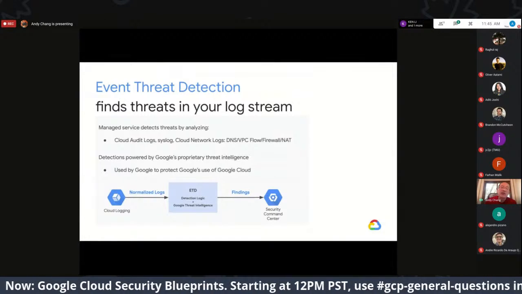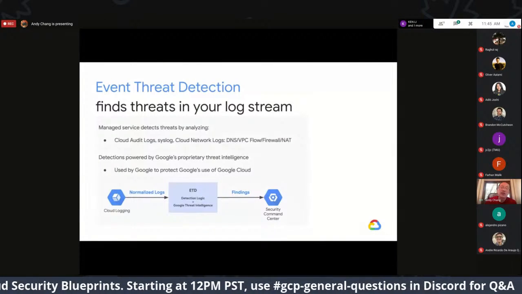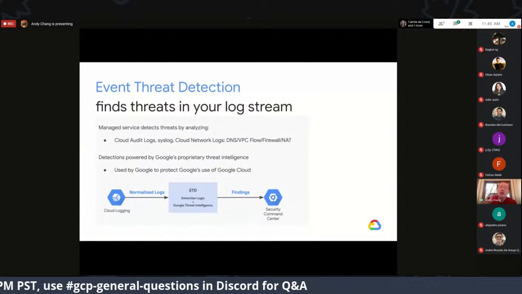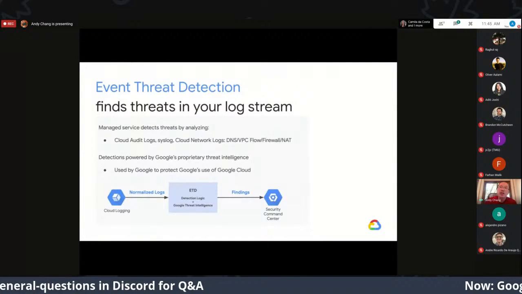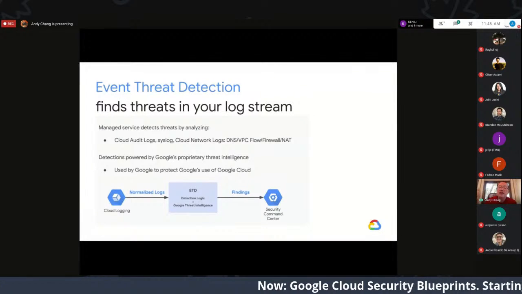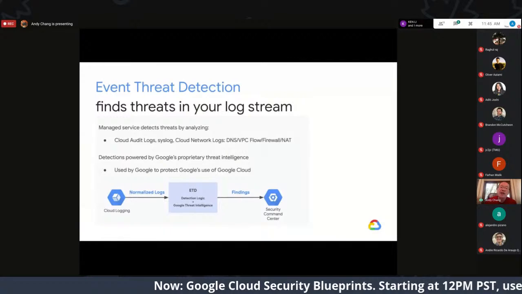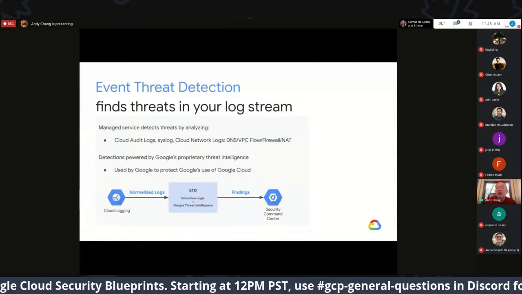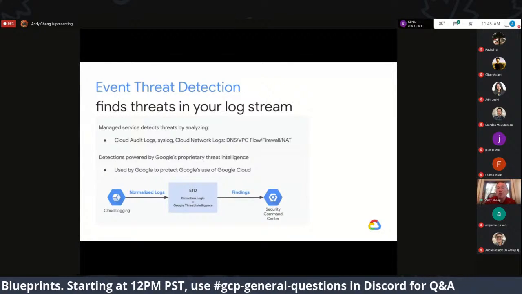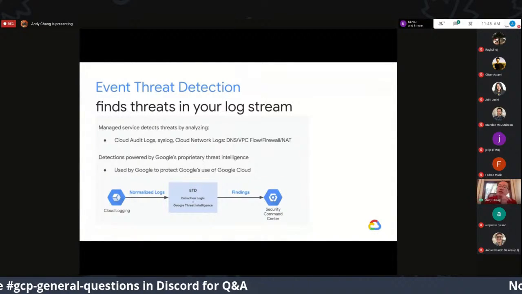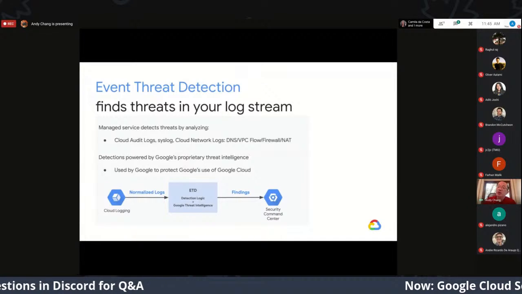That allows us first to take those into our system, normalize them, align them on time and resources, apply Google Threat Intelligence and our own detection logic, and then churn out a set of detections about what we found that are potentially malicious bad activity, and surface those in the Security Command Center. So again, you have those in one place so you can see what threats are being identified relative to the vulnerabilities you have, relative to the resources that you have.